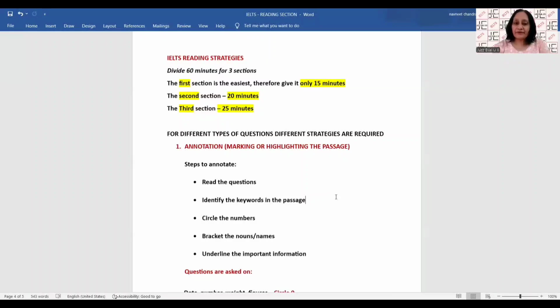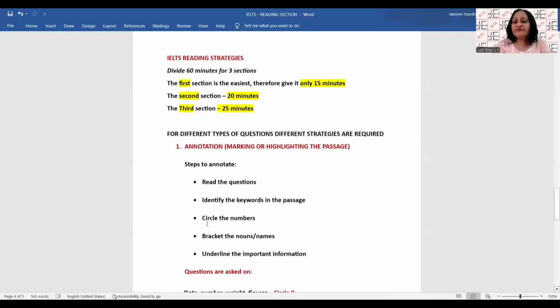The steps to annotate: first, read the questions, keep the keywords in your mind, come back to the passage, identify the keywords like numbers, nouns, that is particular names, or some scientific invention, or some important information that is given there.